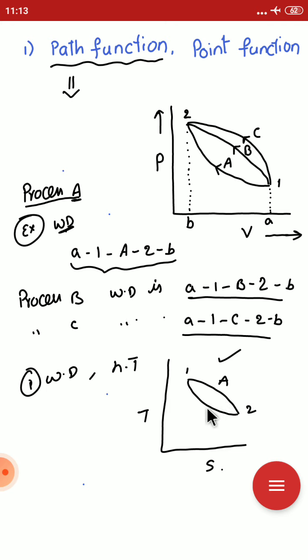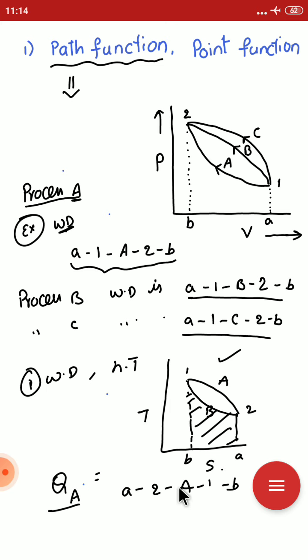If it is a process A, process B, this is the amount of heat transfer through process B. And the heat transfer through process A, take it as small a and small b, is the area a2 to a1 and small b. This is the amount of heat transfer through process A.